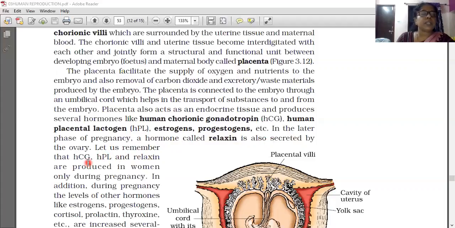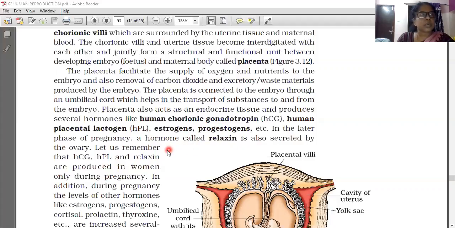Let us remember that HCG, that is human chorionic gonadotropin, and HPL, that is human placental lactogen, are produced by the placenta, and relaxin is produced by the ovary, in women only during pregnancy. These three hormones are only seen then.